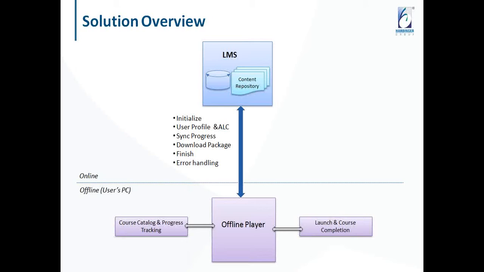In this case, this is the user's personal computer, and the offline player has the capability of course catalog, progress tracking, launch and course completion. And then you can synchronize in between, such as initialize, user profile and ALCs, download packages, finishing and error handling. This can all be synchronized.